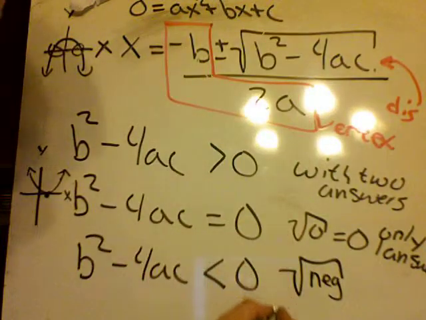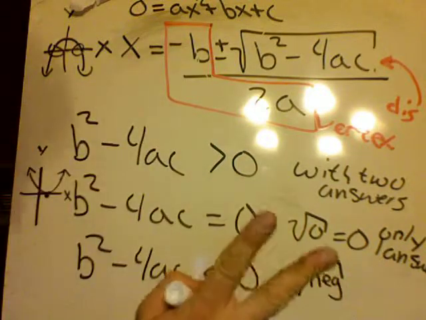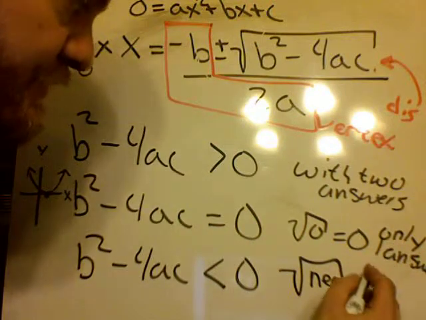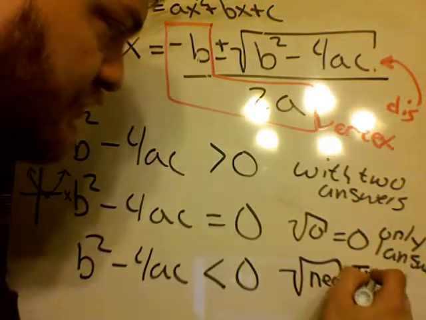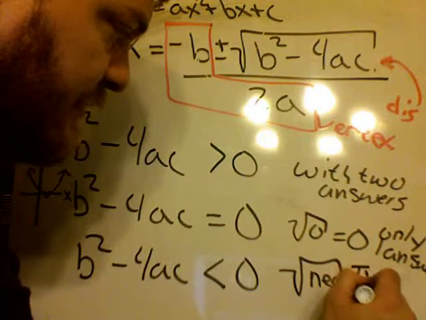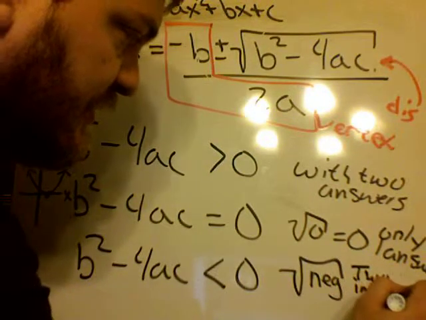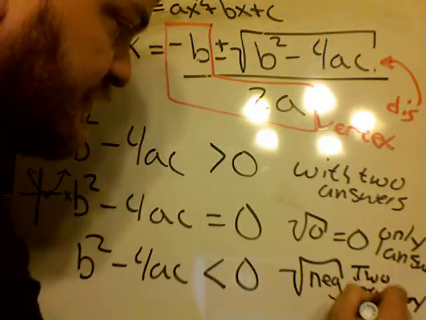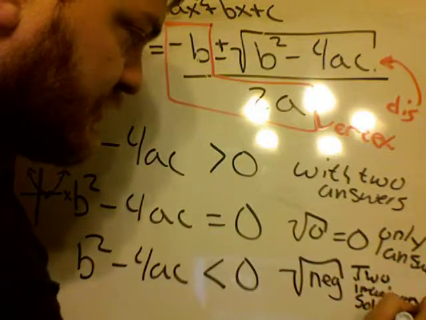But you're still going to have a number in there, and you can take the square root of a number. So we're going to have 2 imaginary solutions.